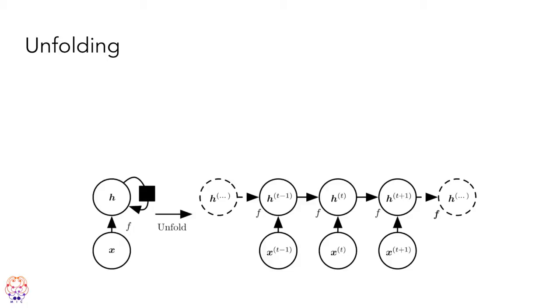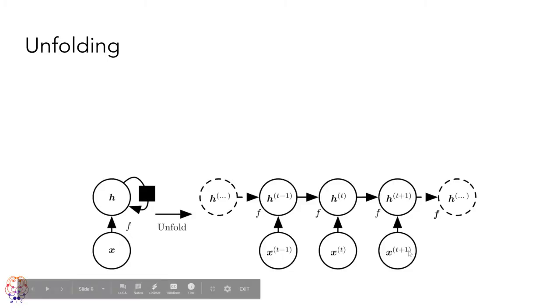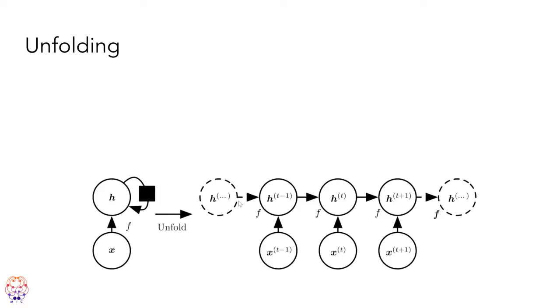And then of course there are the learnable parameters on the side, those are theta. Essentially you have something that recurses, and this is called folding. Unfolding is going the opposite way: you take a recursive function and lay out step by step what would happen if you expand it over the number of time steps.